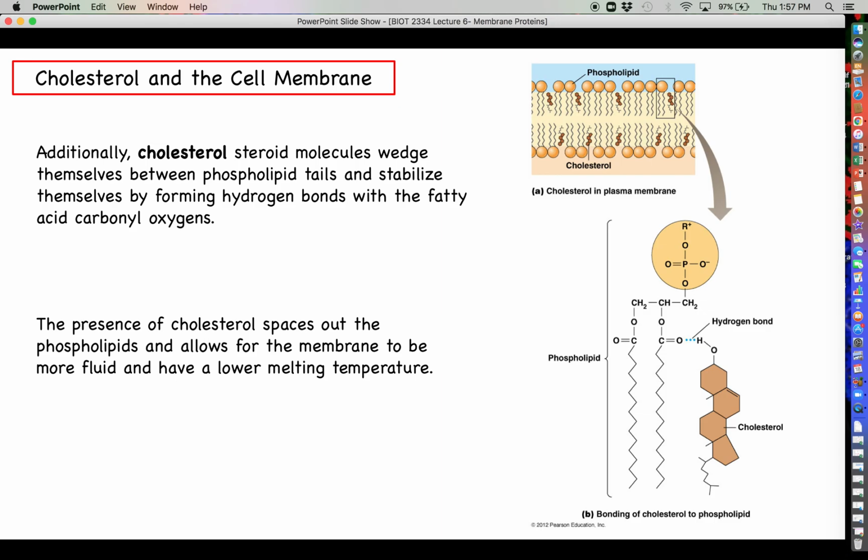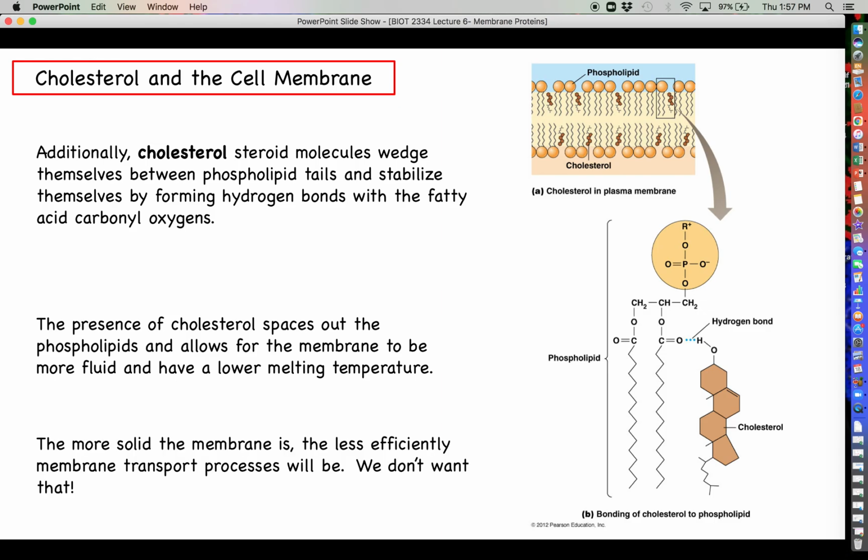Because the cholesterol spaces these things out, the membrane can take on a much more fluid nature, and it has a much lower melting temperature, which at a body temperature of 37 degrees Celsius, it still ends up being a fluid, which is what we want.